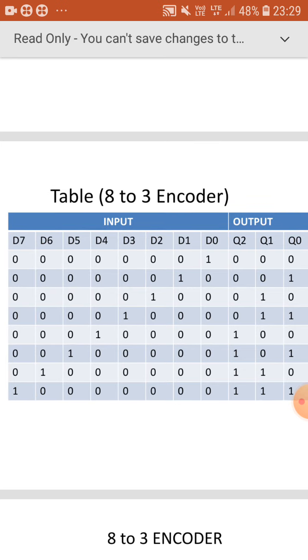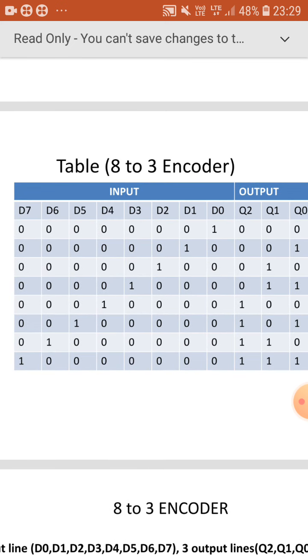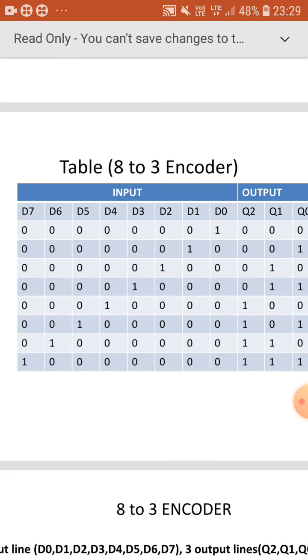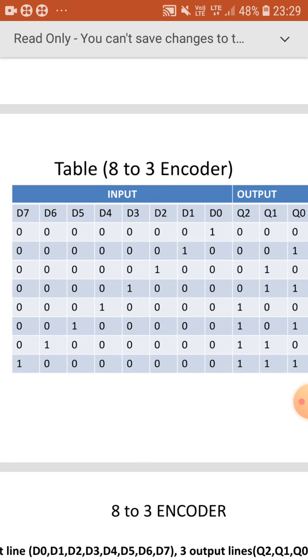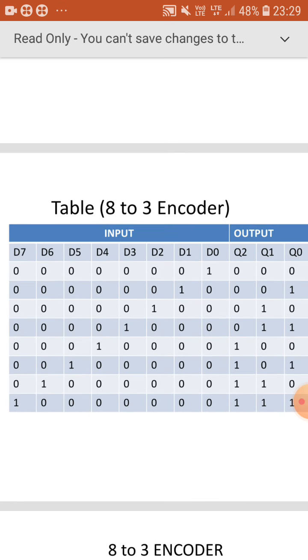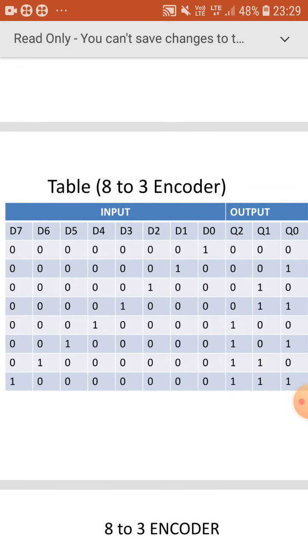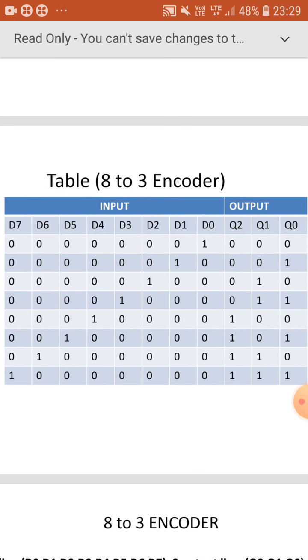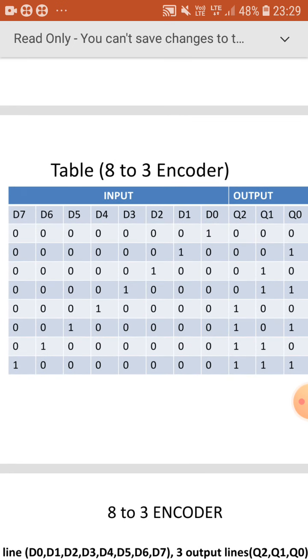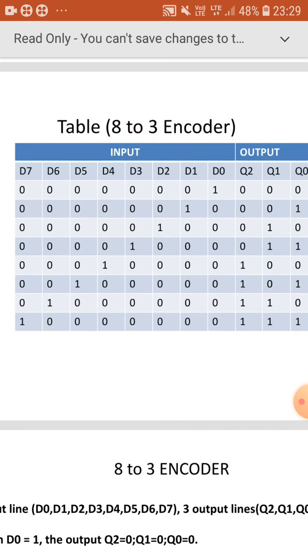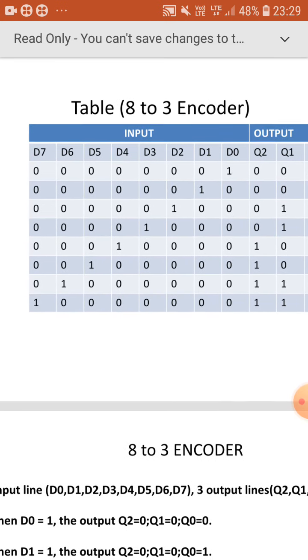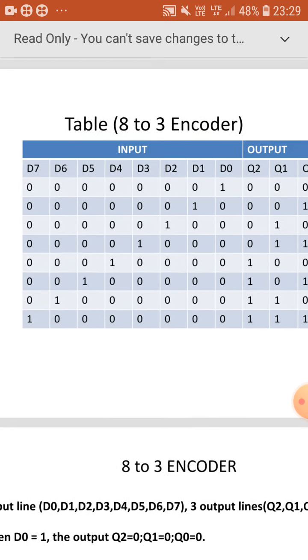So see the table. Q2 is 1 when D4 is equal to 1 or D5 is equal to 1 or D6 is equal to 1 or D7 is equal to 1.